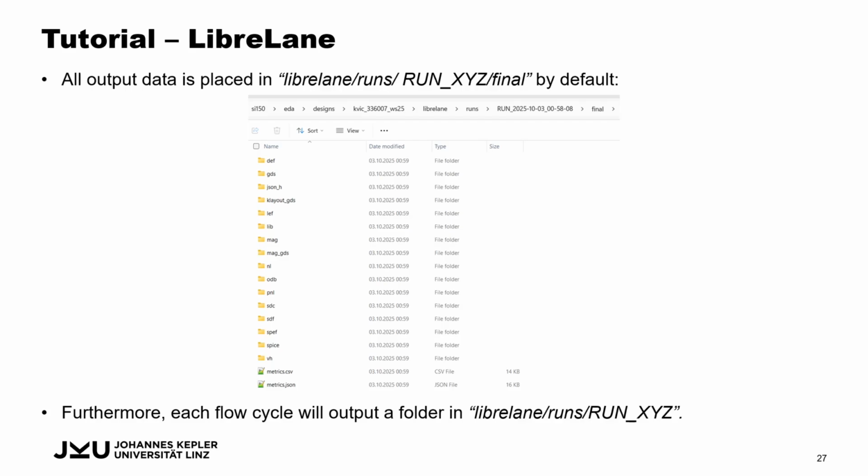But we are interested in the final output. And in this final folder, we, for example, have a GDS. We have for Magic the Magic GDS, SDC, SDF. We have a spice file. We have a lot of nice stuff in here which we can use for further processing, for example, if we want to use this digital core for an analog mixed-signal simulation and stuff like that.